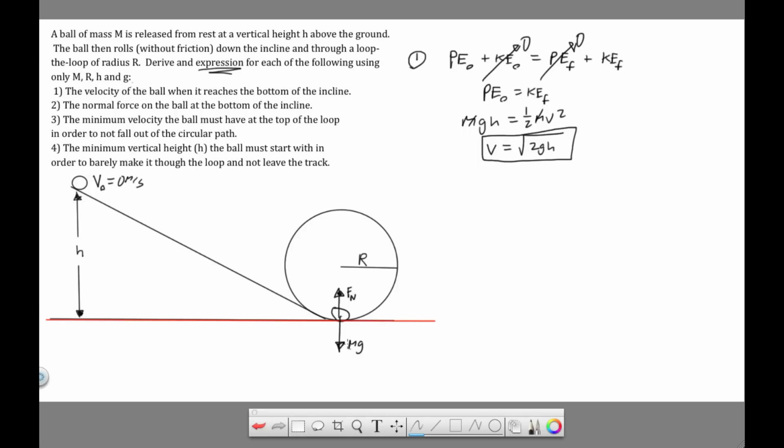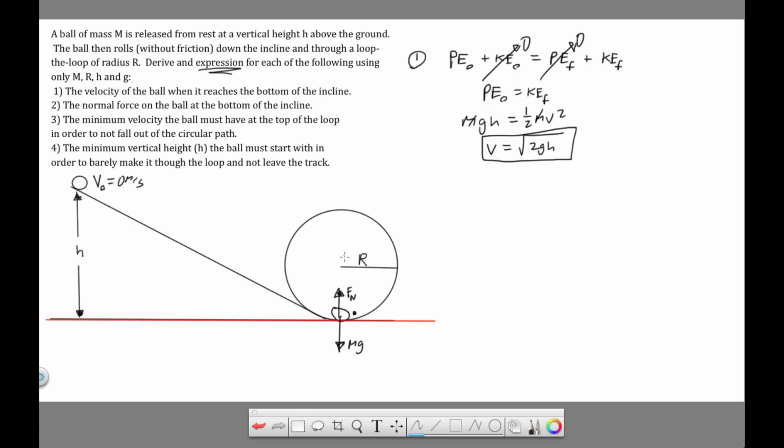Now the normal force and mg are not going to be equal because the ball is now in a circular path. The normal force is larger than mg, and the way to understand that is a split second later, when the ball is right here, it's moved upward. It's now in a circular path, which means that there's a centripetal acceleration.